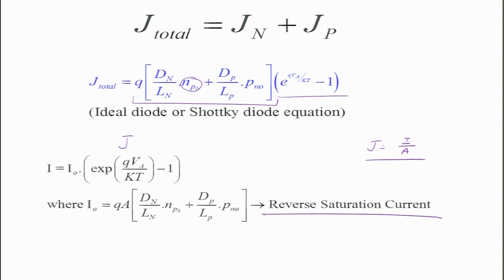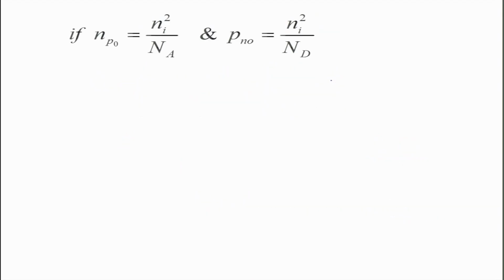This is the reverse saturation current that you get at negative biases, not zero bias. When the voltage is very negative, the exponential will be 0, so this will be minus 1, and what you get is minus I naught.